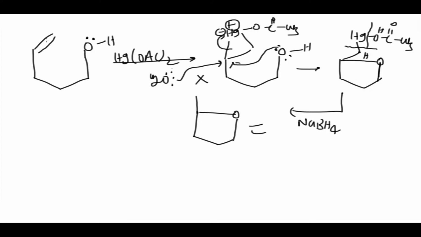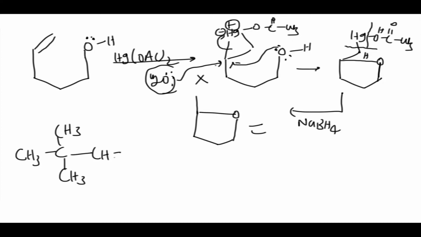So intramolecular means even if you add a nucleophile, the nucleophile is not going to attack. So what is attacking? The lone pair is attacking. Understood? So the next example, another simple example only. CH3, CH3, CH3. This is CH double bond CH2.